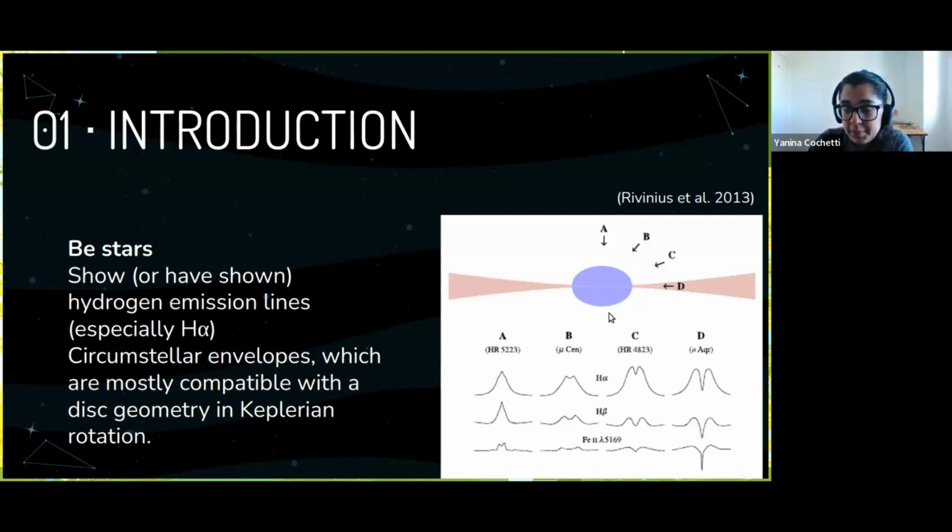Here is a schematic image of a BE star. This is the central star and the disk that surrounds it. And you can see different lines that we can observe, like H-alpha, H-beta, or some helium lines, iron lines that you can see in the spectra.